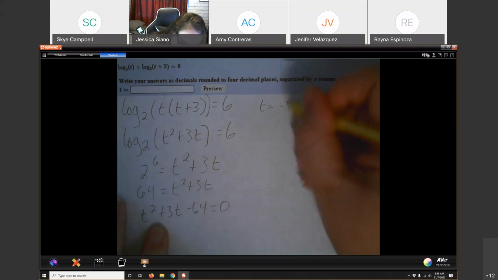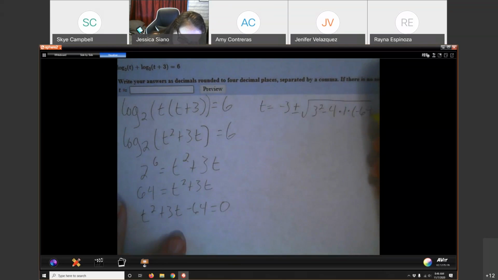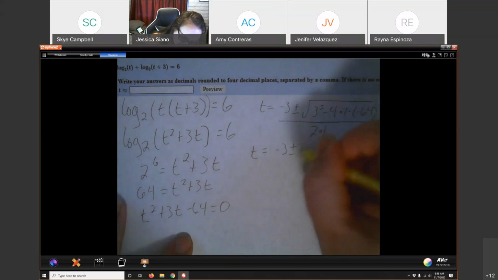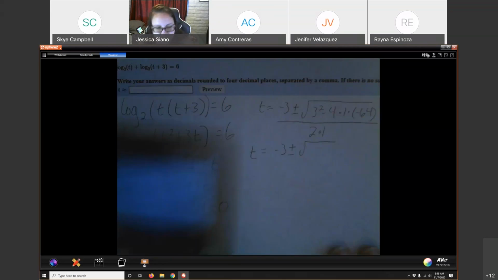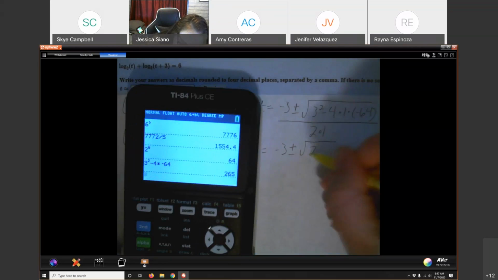So negative 3 plus or minus the square root of 3 squared minus 4 times 1 times negative 64 over 2 times 1. What is 3 squared minus 4 times a negative 64? 265.